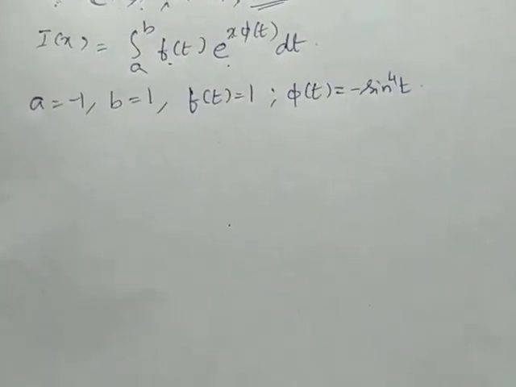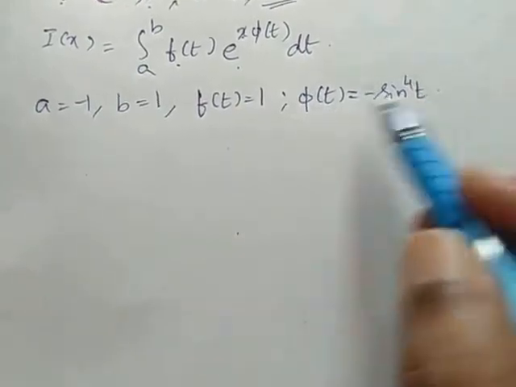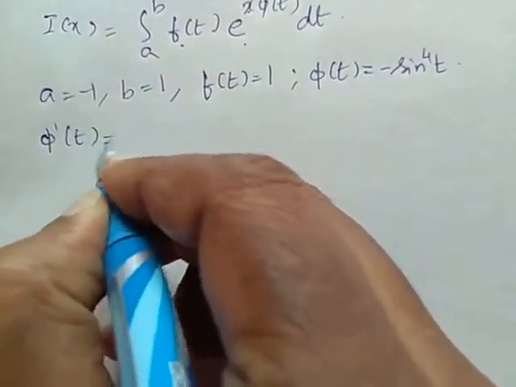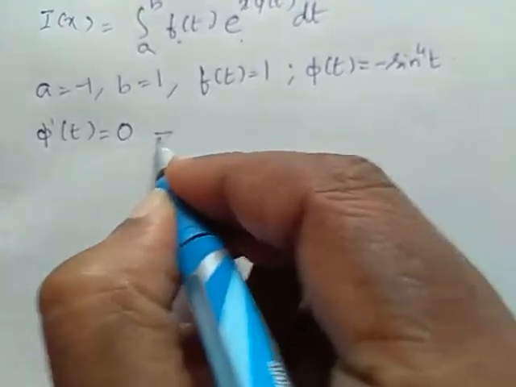Now we have to find the alpha value. Our phi of t is this. When phi dash is equal to 0, we will get the maximum value.